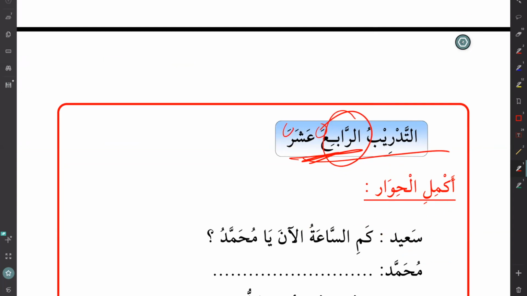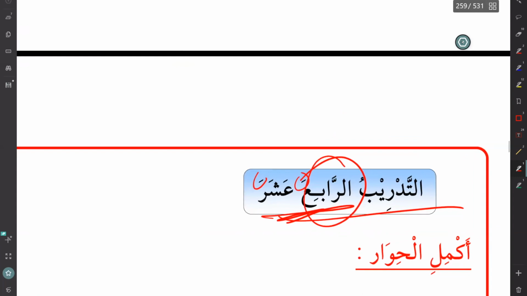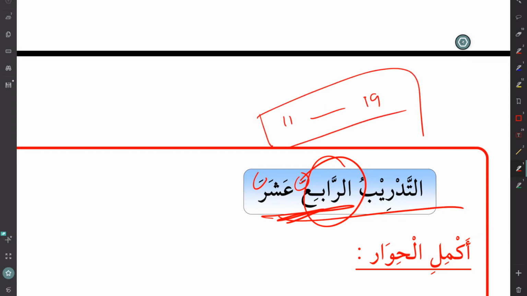The rule is not exclusive to the time. The rule is exclusive to the numbers. So you have to know this number here. See, you cannot put dhamma or anything. You have to put fatha. Why? I just told you, when you have a compound number from 11 to 19, that's when you have to use fatha. So everything you are learning, trust me, it's going to be useful for the other scenarios as well.